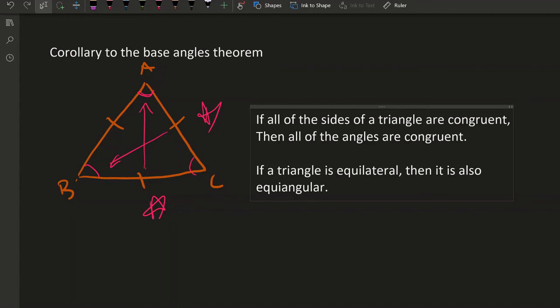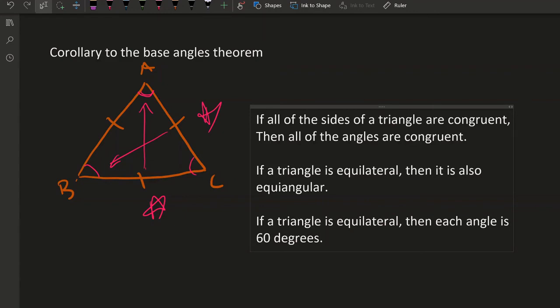Now, one other thing that I want to point out about this is that if I have a triangle and all of the angles are the same, I should be able to tell you exactly how many degrees they are. So I can say if a triangle is equilateral, if all of the sides are the same, then each angle is 60 degrees.